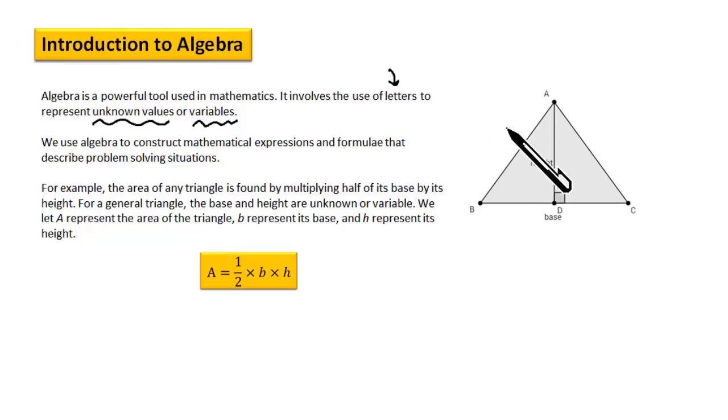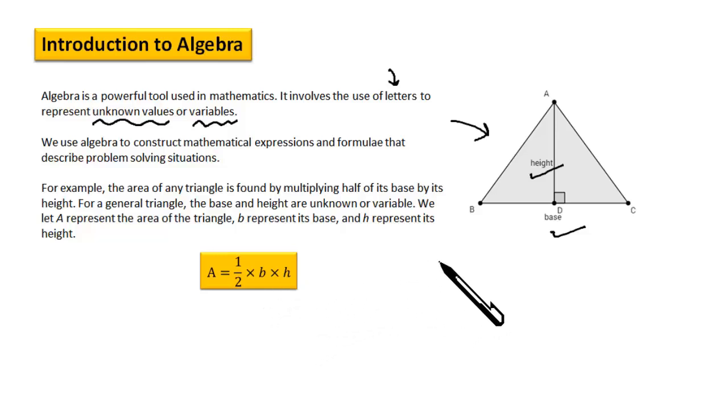For example, look at this diagram of a triangle. If I ask you what is the area of the triangle, you might have studied in school that the area of a triangle is half into base into height. So for any given base and any given height, the area of a triangle is half multiplied by base multiplied by height.